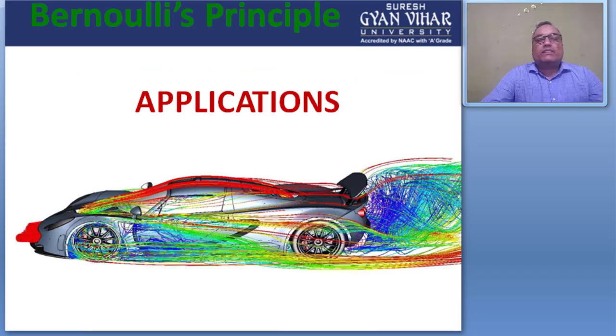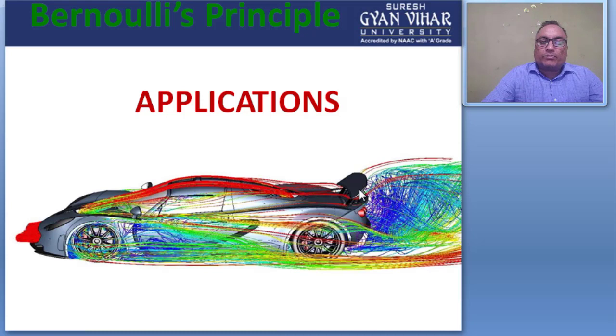Besides these three applications, which are important applications of Bernoulli's equation, some more applications are also very good. This is the racing car, and in this car there are spoilers which spoil the flow of the free stream, creating negative lift, a lift in the downward direction.